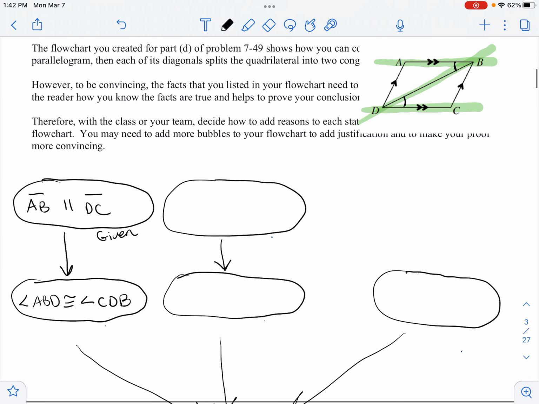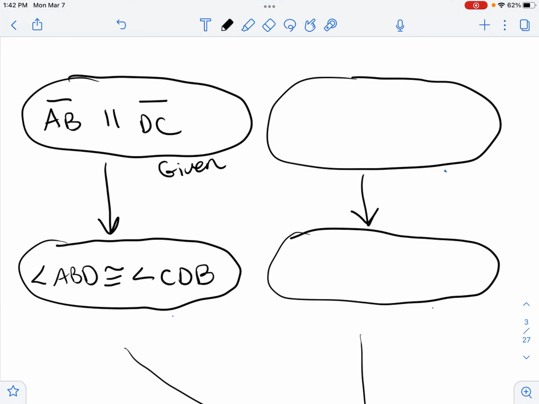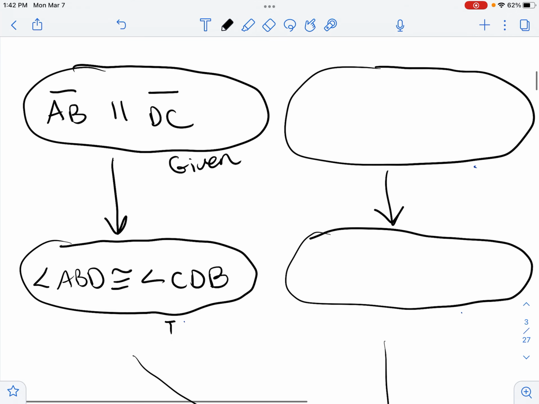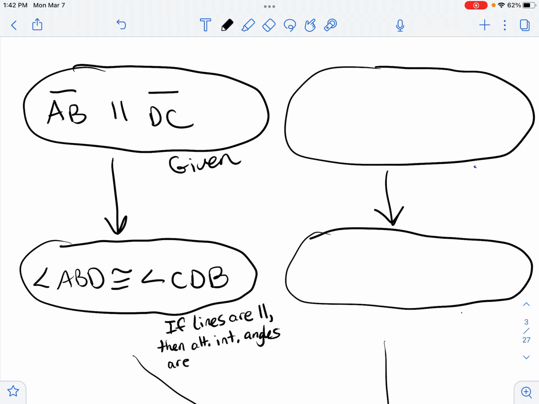I know that because, and we can write that in here, if lines are parallel, those two straight lines mean parallel, then our alternate interior angles are congruent.